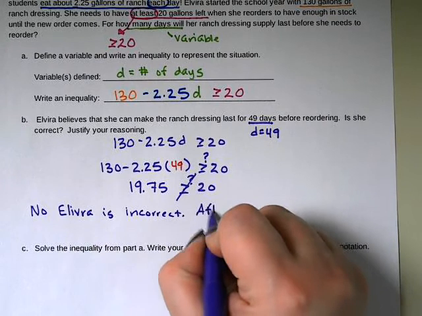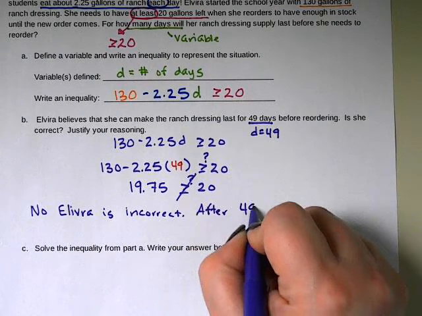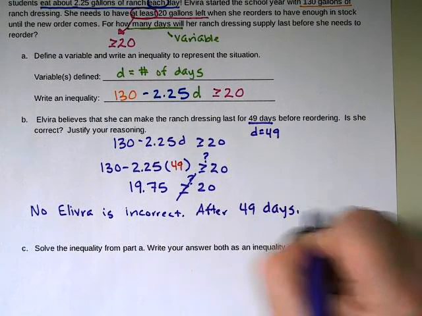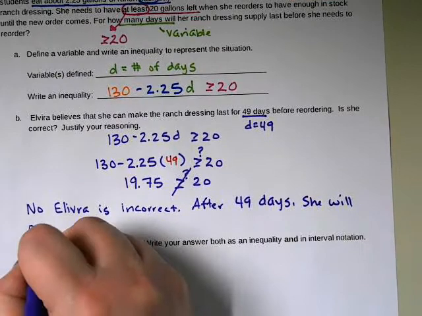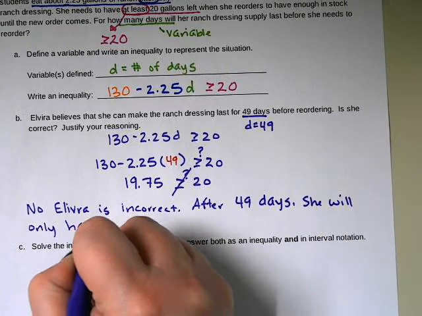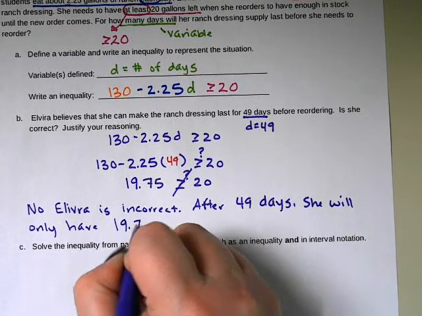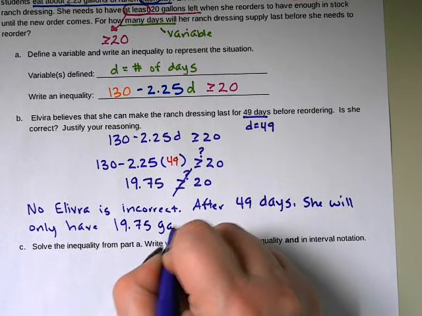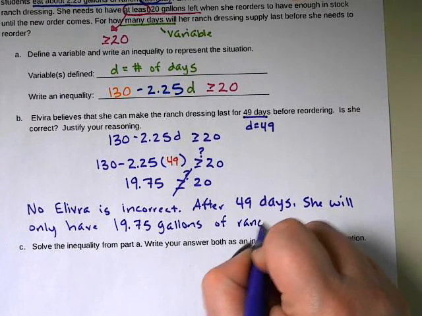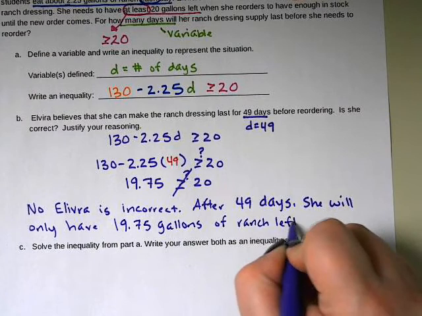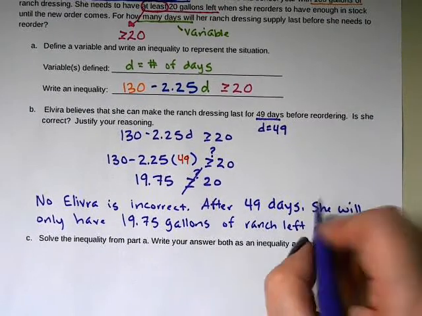After 49 days, she will only have 19.75 gallons of ranch left, which is less than 20.